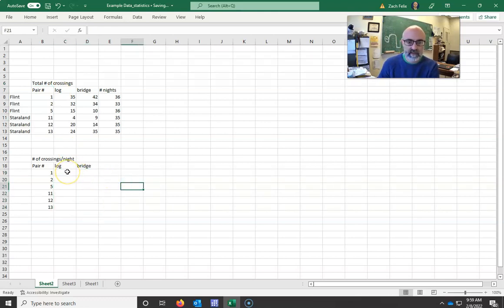Now, the beauty of Excel is that you can do these calculations all in one fell swoop. So what you're going to do is tell the computer you're going to be using Excel to do calculations. You do that by starting with an equal sign. Equals what? It equals this cell divided by this cell.